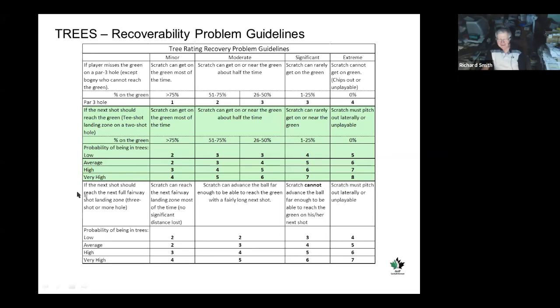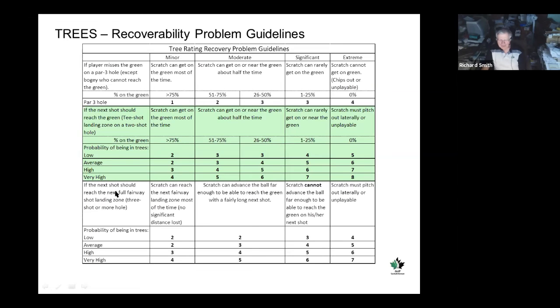And then you have to look also at the recovery. And so our different values up to the maximum of 8 are found by picking sort of a row and column here.